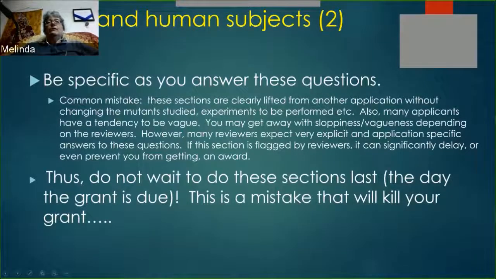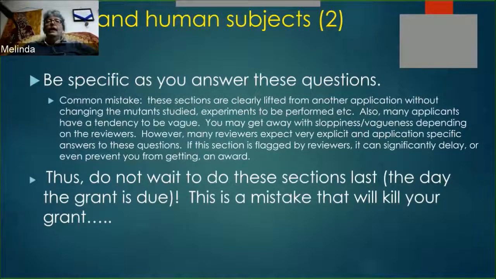Now, we were talking about boilerplate earlier, and absolutely you can use boilerplate for animal and human subjects sections. However, be extraordinarily careful about using boilerplate. Even be careful about using boilerplate from within your own lab or your own grant writing, because it's really easy for somebody to say, oh, I used animals in this grant, and I have my animal boilerplate from the last grant I submitted, copy, paste, done.